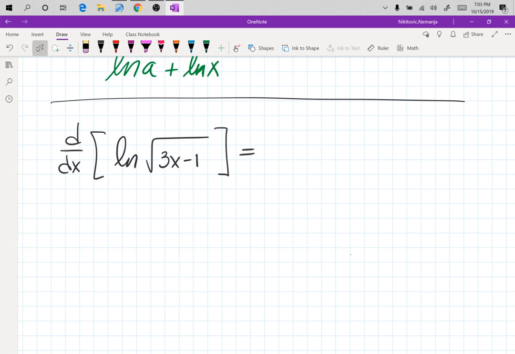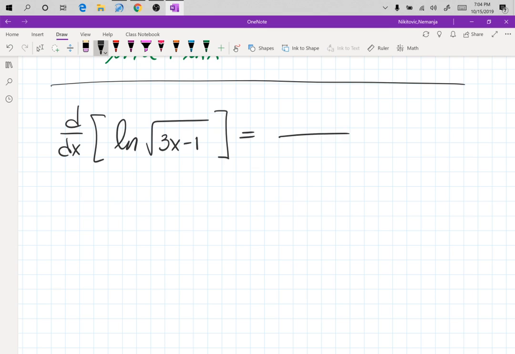So this problem can be done the brute force way. Meaning, Chuck Norris shows up and you immediately put the square root in the denominator, and then its derivative on top, which is over 2 square roots, and then times 3.